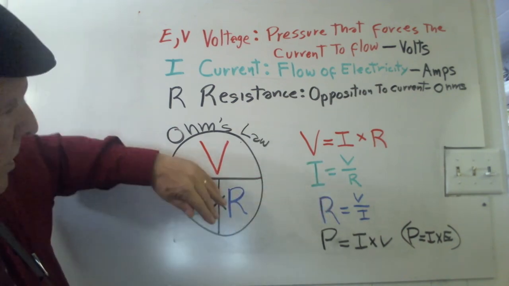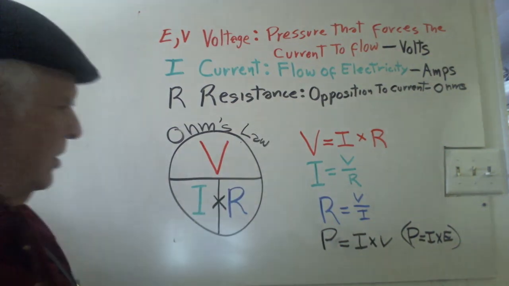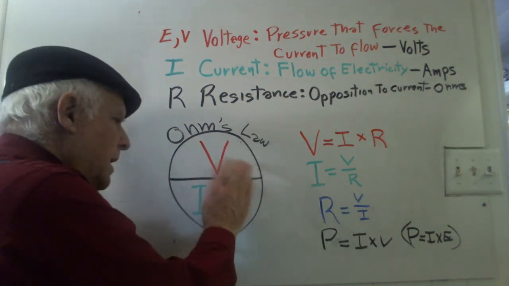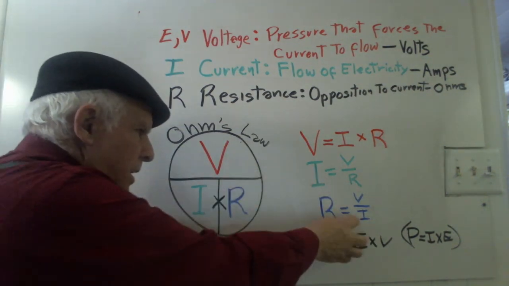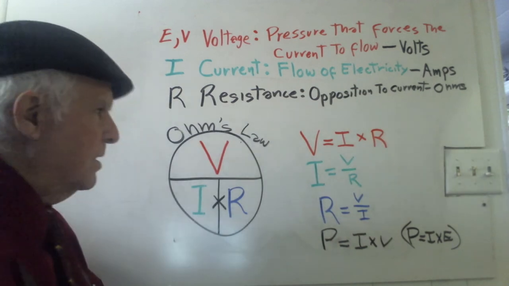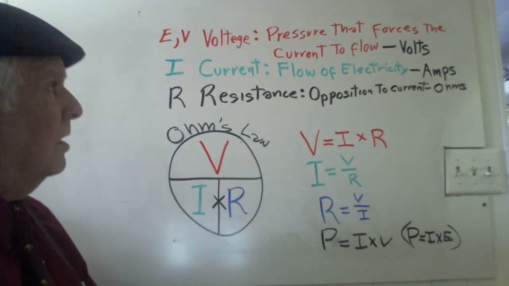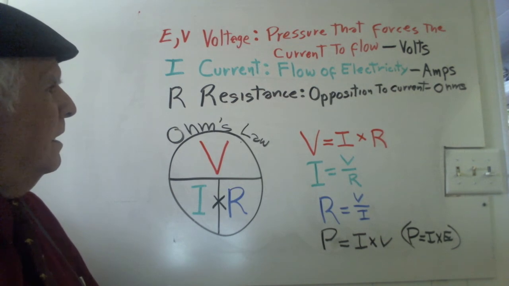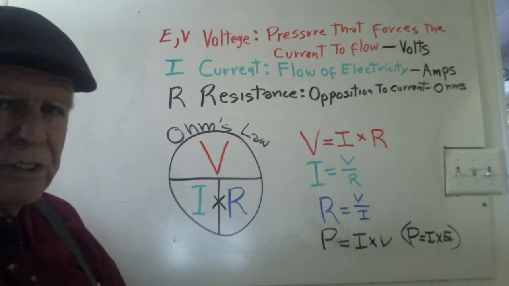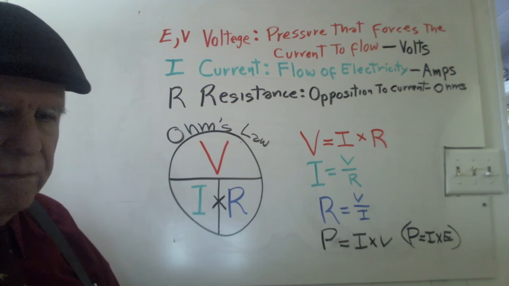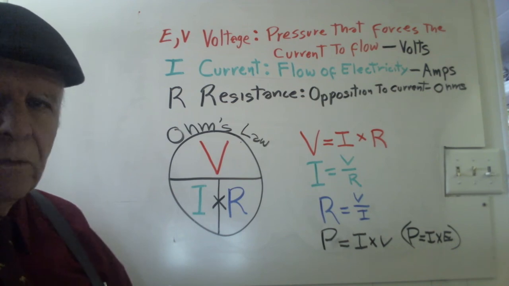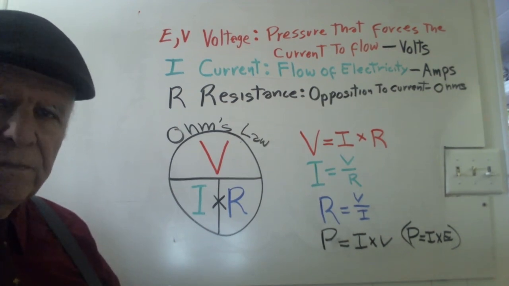And if I put my hand over the R, then I have V over I, which is indicated right here for resistance. These are together considered to be Ohm's law, and this is fundamental essentials to working with electricity. Next thing we're going to talk about is series.